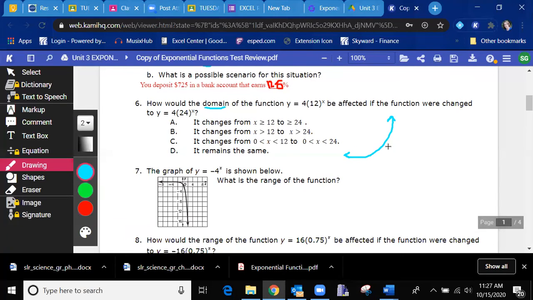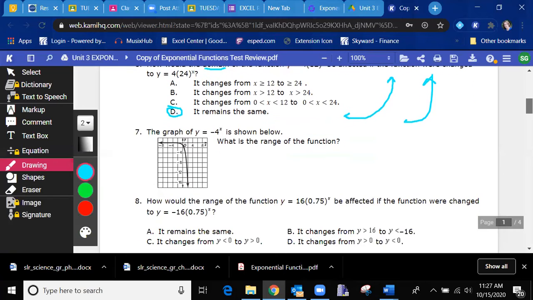I'm going to multiply by 12. 4 times 24 to the x looks like it just goes steeper. How does the domain change? Wouldn't it stay the same? Bingo. It's still forever, forever, forever. So the domain will not change. It hardly ever will change with an exponential function.